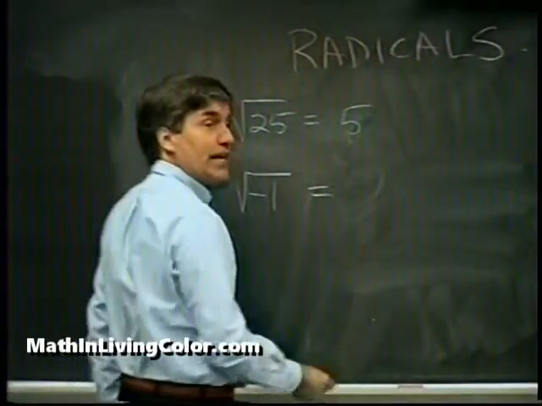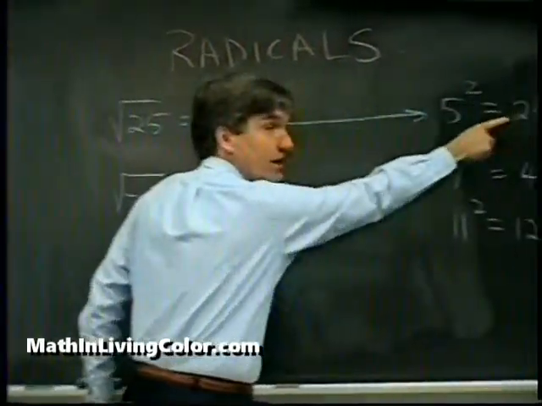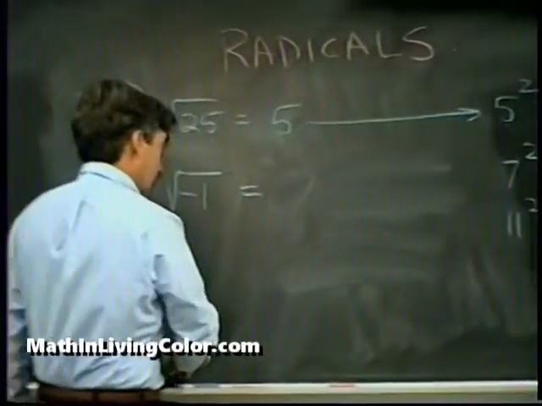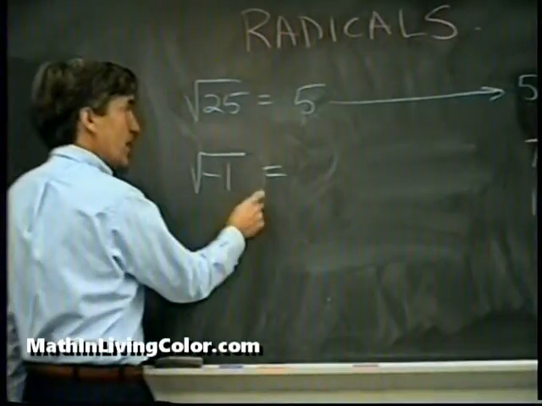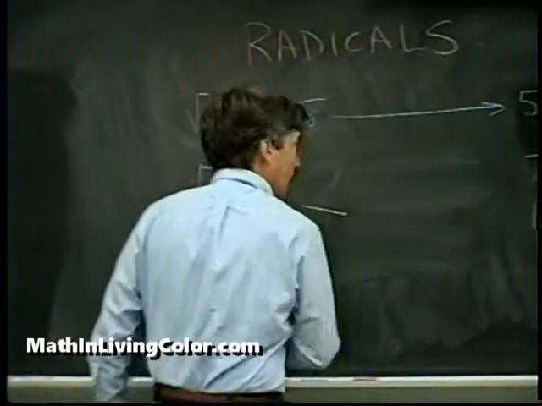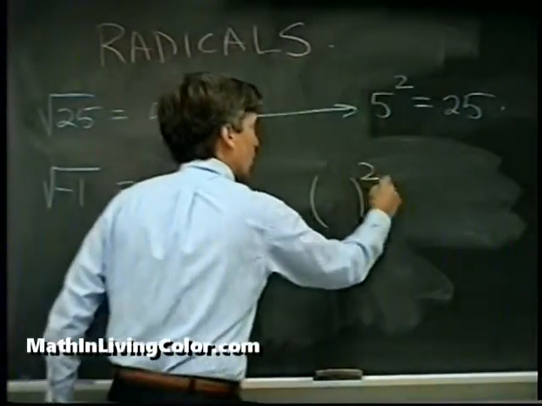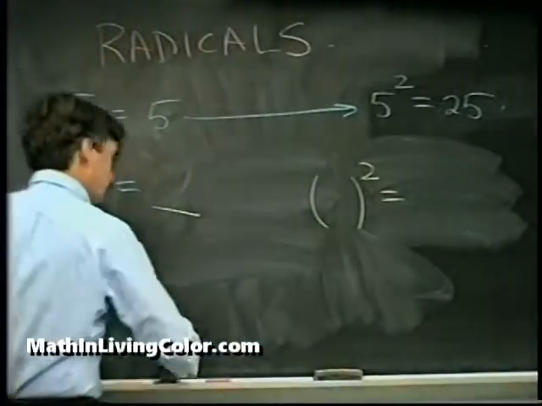And how do you check that? Because 5 squared is 25. Now, I want to take the square root of -1, and I want to get some number. What number would I have to square in order to get the -1 back?